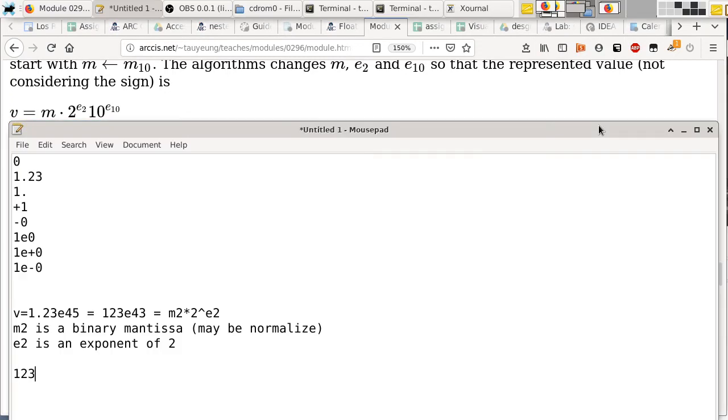So we have 123 times 10 to the power of 43. We look at this and go, oh, this is going to be problematic, because how do we convert this into everything in base 2? Someone may think we just have to figure out exactly what this value is, and then go through the normal process of base 2 conversion, and we're done.